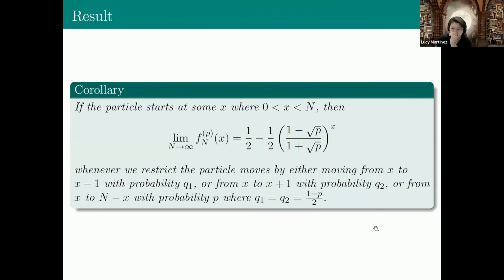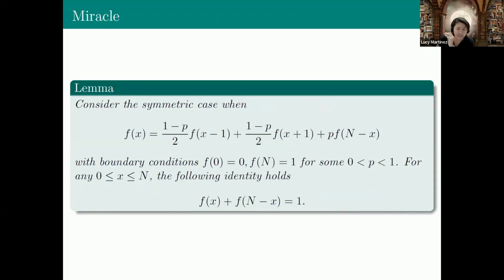Was there another part? Oh, yes. We did give one observation about how they're adding to 1. So that's that lemma here, where only for the symmetric case, this identity holds where you add f of x plus f of n minus x. That should be 1.